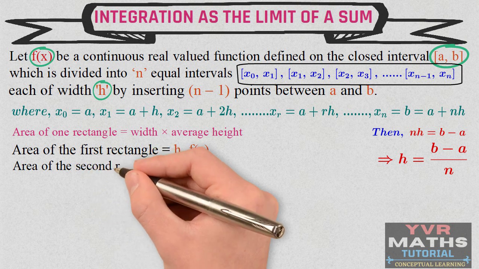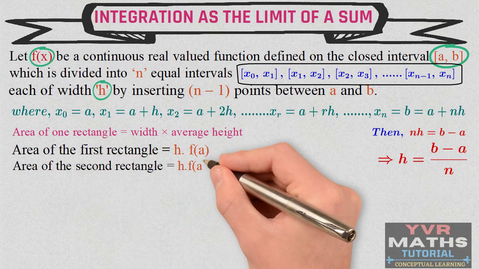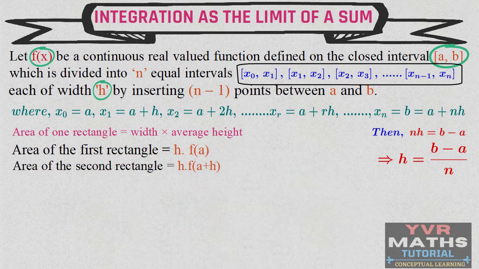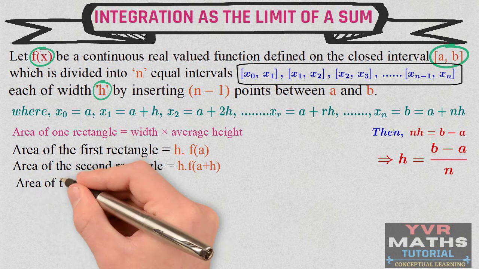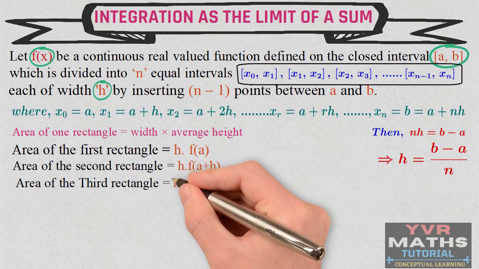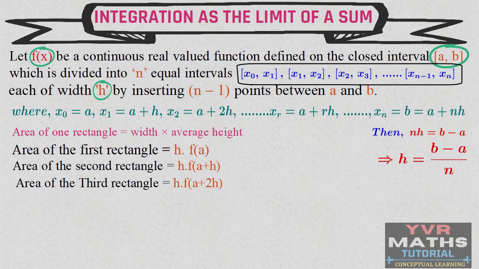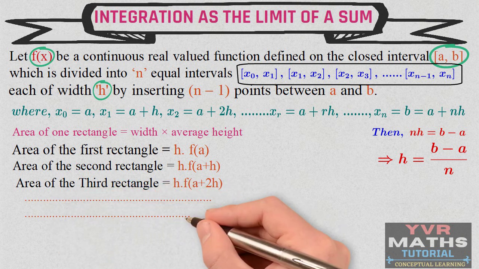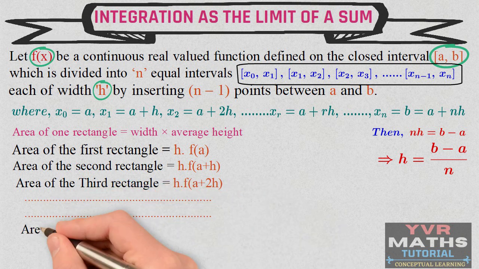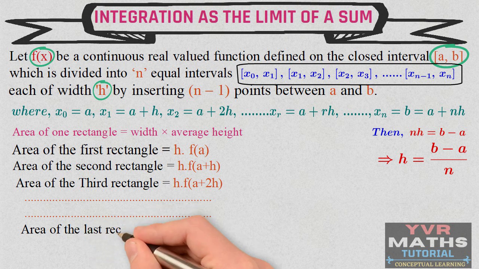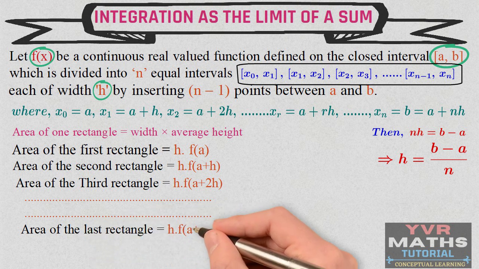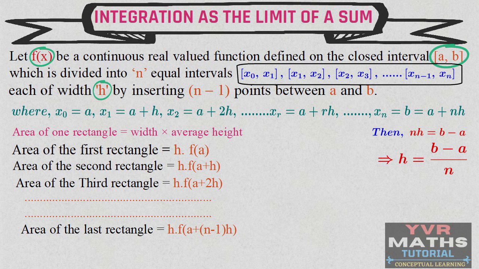Area of second rectangle is equal to h into f of a plus h. Area of third rectangle is equal to h into f of a plus 2h. Up to so on, the area of last rectangle is equal to h into f of a plus n minus 1 into h.